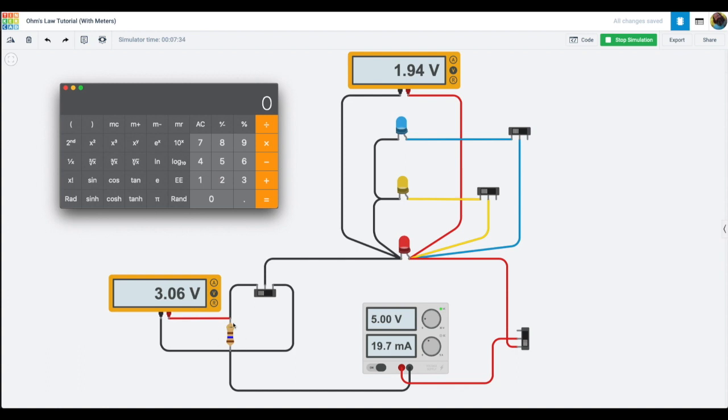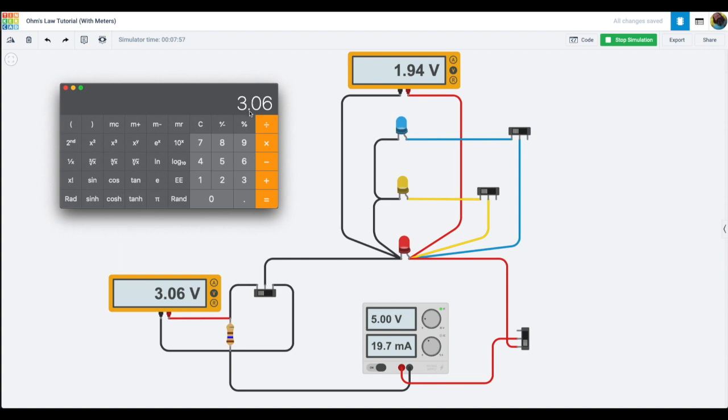Okay. Now for this resistor, we would find the power going through it, because that's important too. We take this 3.06 volts and multiply it by the current. Now let's say we didn't know what the current was. We only know what the resistor is. And remember, resistance is voltage divided by current.